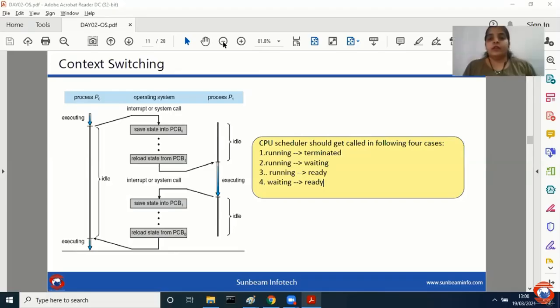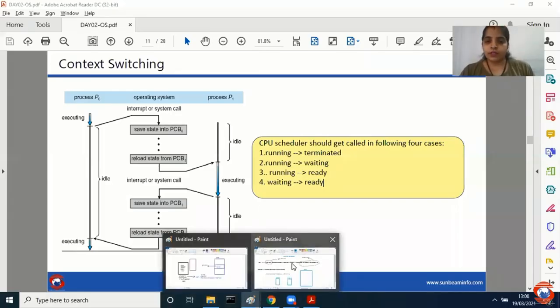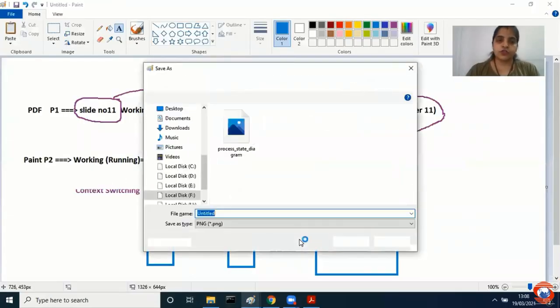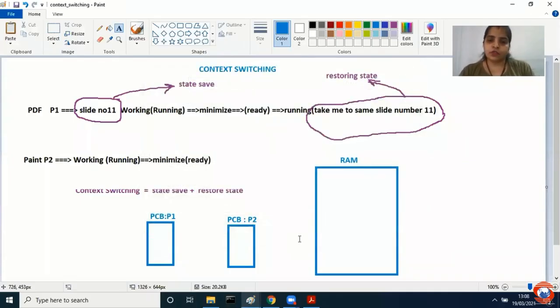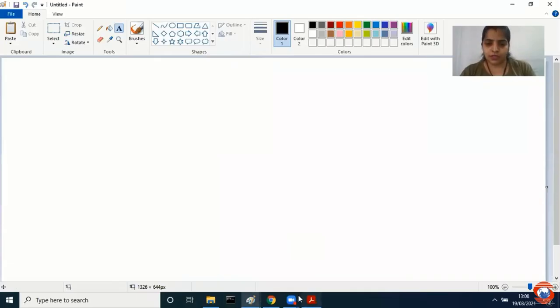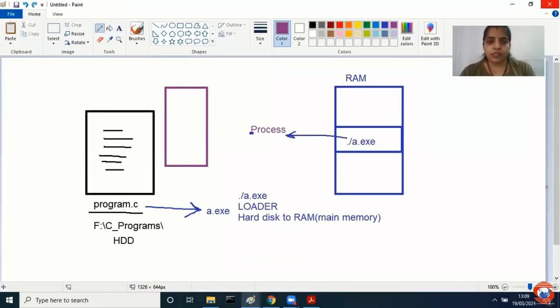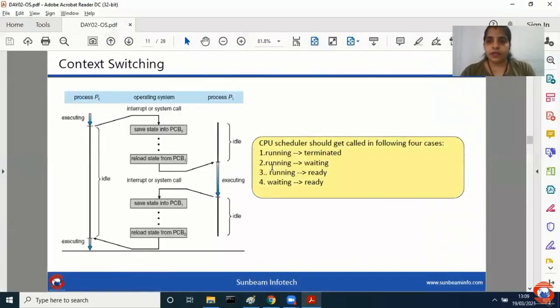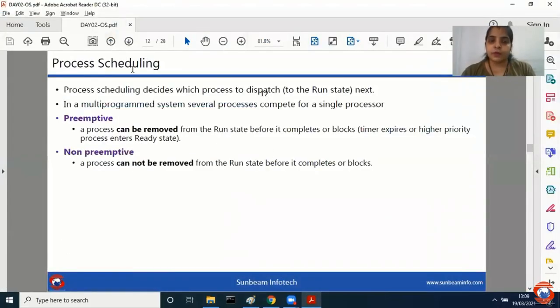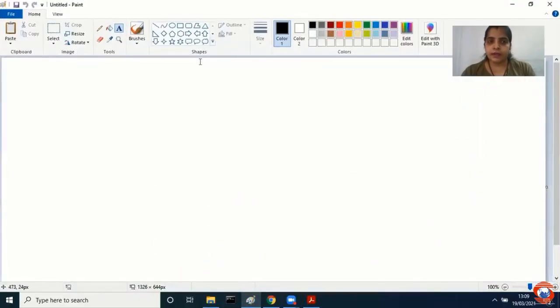All right. So we have seen what is PCB, what is context switching, what do you mean by process, and we have seen what is job queue, what is the ready queue, what is the waiting queue, and so on, right? Now we will go ahead to the topic which is called scheduling. As I said, I have a ready state, I have a running state.